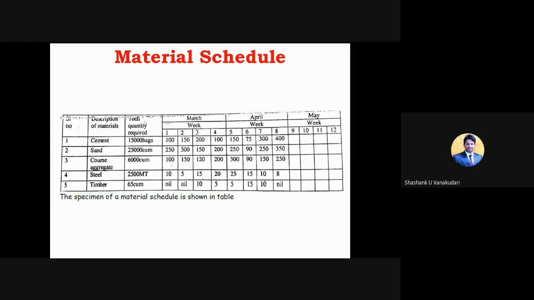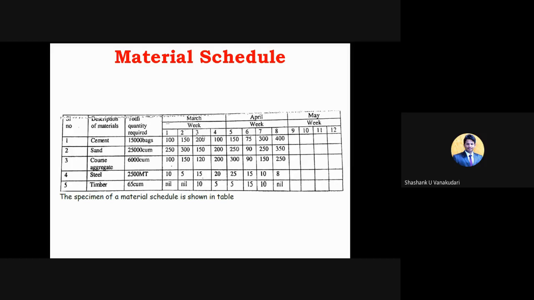They have even given the total quantities also, right? So for the first week we require 1,000 bags of cement, and for the second week we require 150 bags of cement. Like that we can divide the requirement of cement in terms of bags week wise.